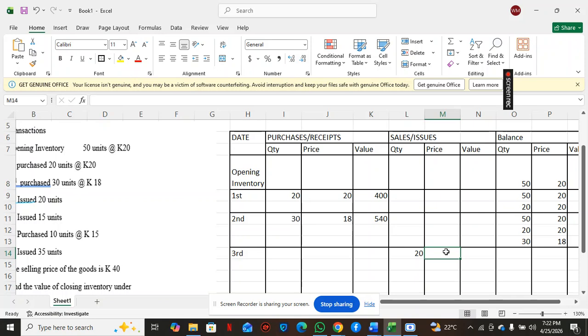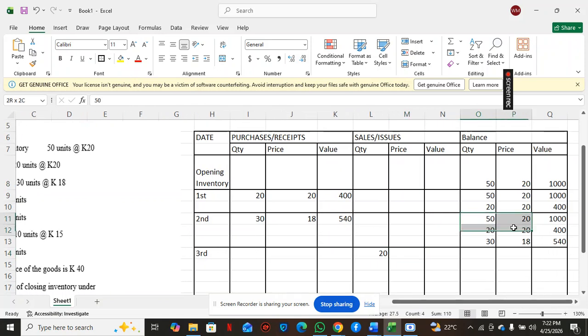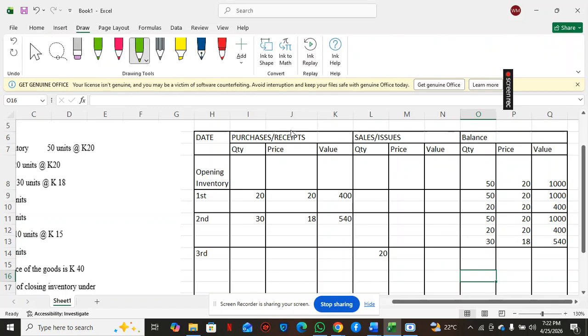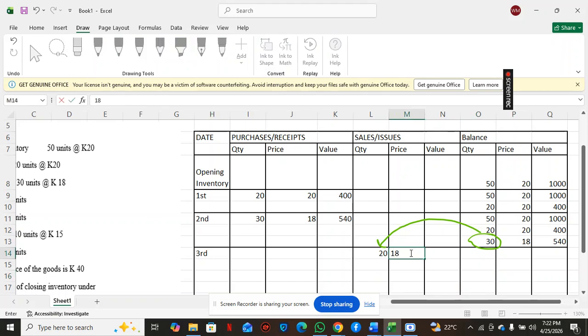And this is where we need to apply last in, first out. We're going to remove the spare parts from the latest batch, which is these 30 spare parts. We remove 20 from them, and we value these 20 at 18 kwacha.